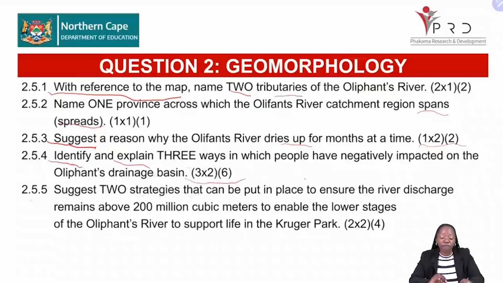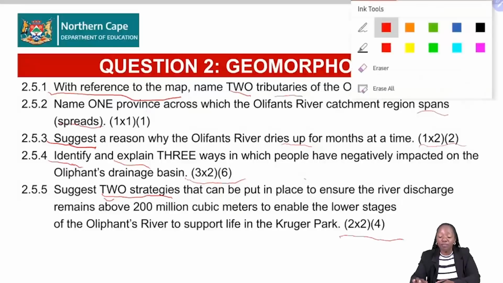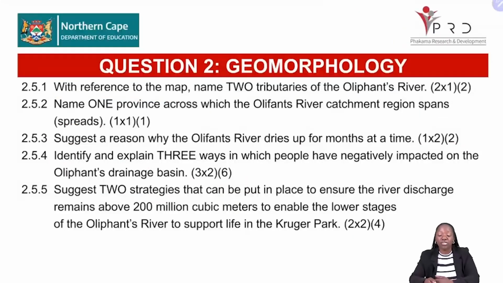Then number 5, which is 2.5.5, you suggest 2 strategies that can be put in place to ensure the river discharge remains above 200 million cubic meters to enable the lower stages of the Olifants River to support life in the Kruger Park. So 2 times 2. I'm going to give you another 10 minutes, and then after 10 minutes, we will be able to discuss our corrections.